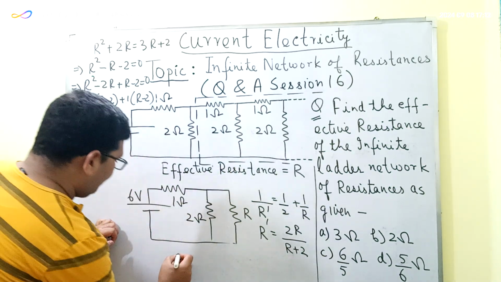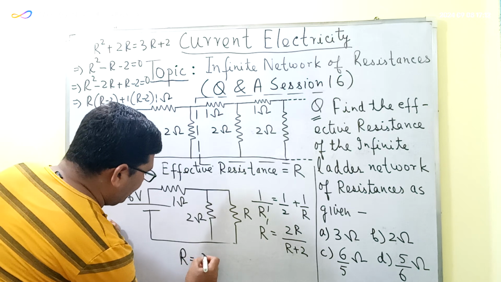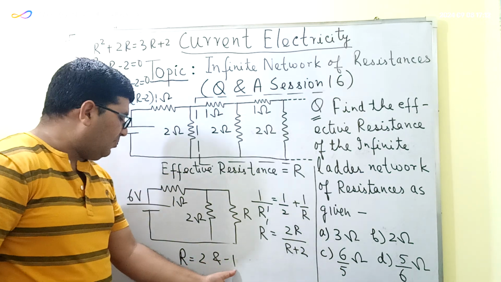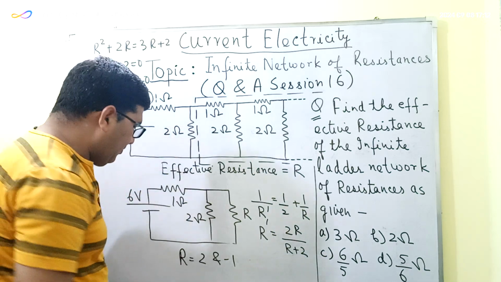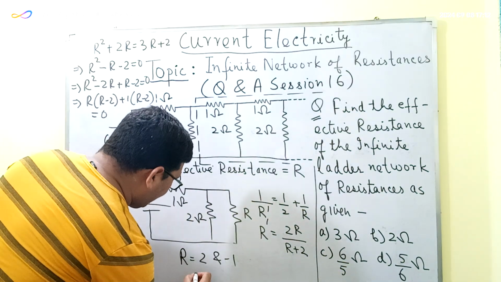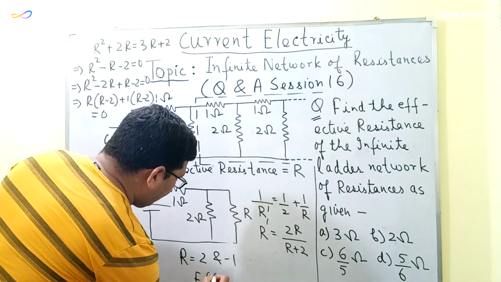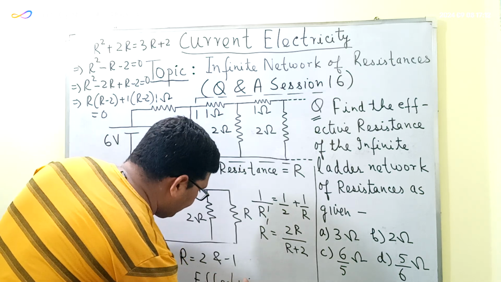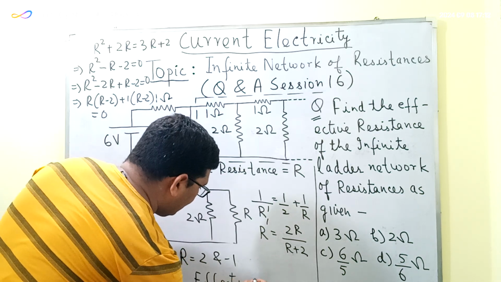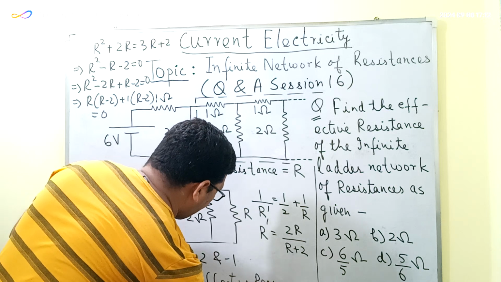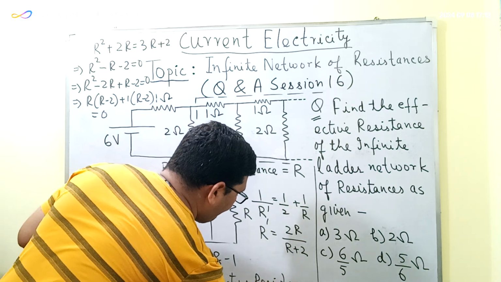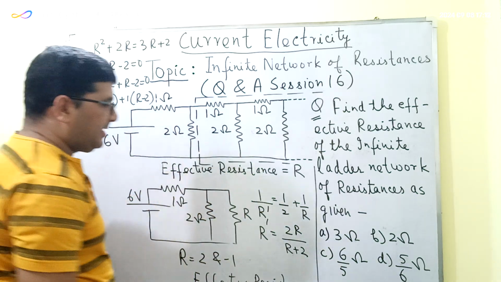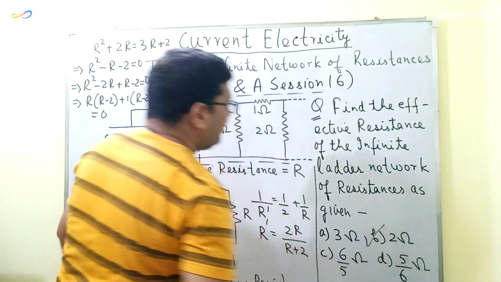So from here, the value of R is equal to 2 and minus 1. Now since the value of the resistance cannot be negative, the effective resistance of this infinite network of resistances will be equal to 2 ohm. So the correct option here is B.